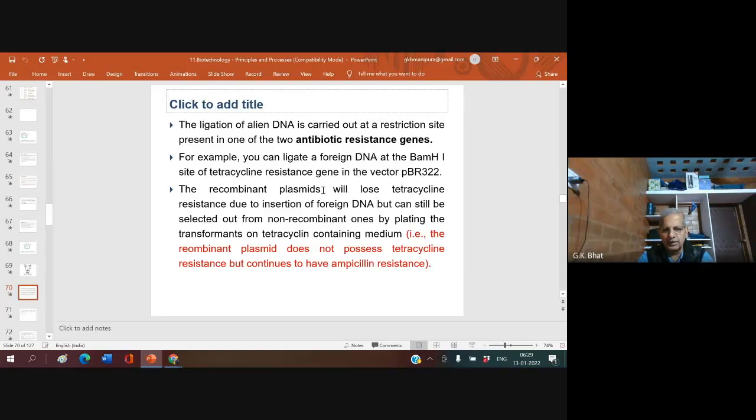Now I am putting some of the bacteria in the ampicillin medium, and some in the tetracycline medium. I want to find out which are the transformed and which are the non-transformed, which are the recombinant type and which are the non-recombinant type. How can I decide?